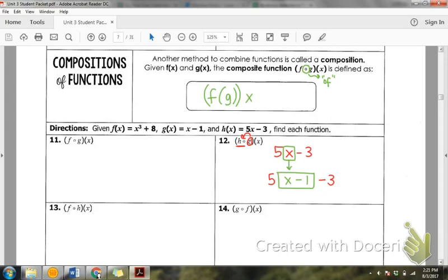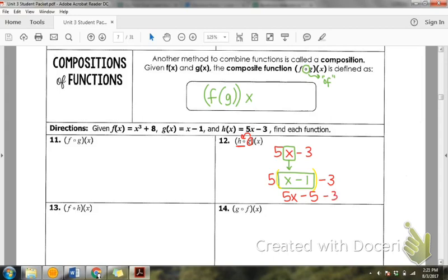Now, yeah, exactly. So now what we're going to do is we're going to treat this as like parentheses, and we're going to distribute our 5. So let's go ahead and distribute our 5 through, which gives me 5x minus 5. Is the 3 inside the box? No. So it's just going to stick on the end. It does not get distributed to. Good question.